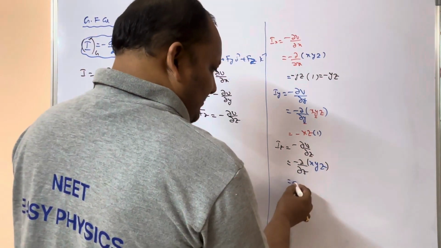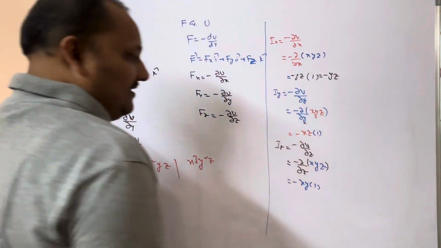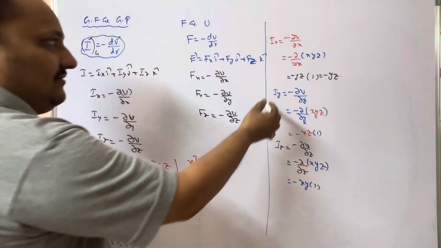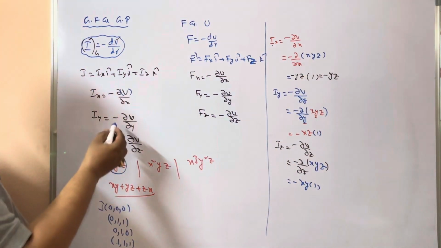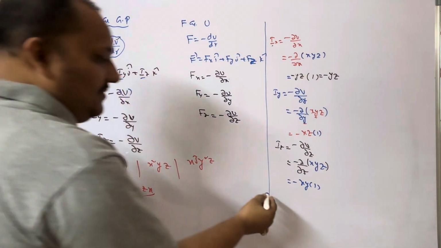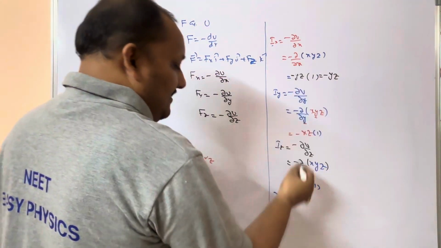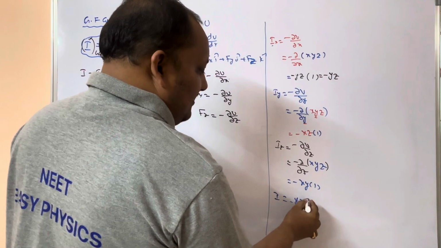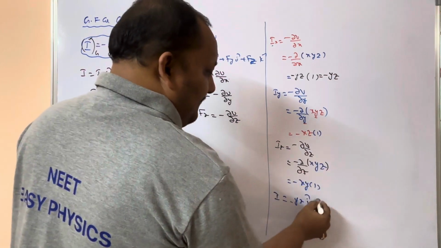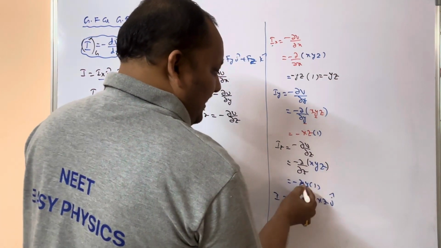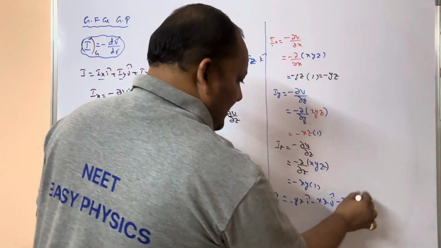With respect to z we get minus xy, derivative of z is 1. After that you can substitute Ix, Iy, Iz in this equation. So I, the gravitational field intensity, is minus yz i cap minus xz j cap minus xy k cap.